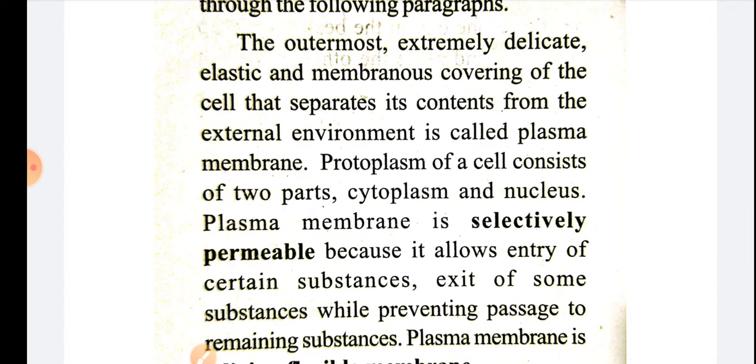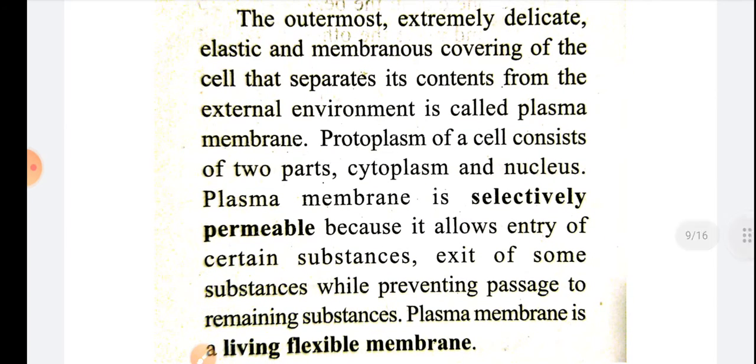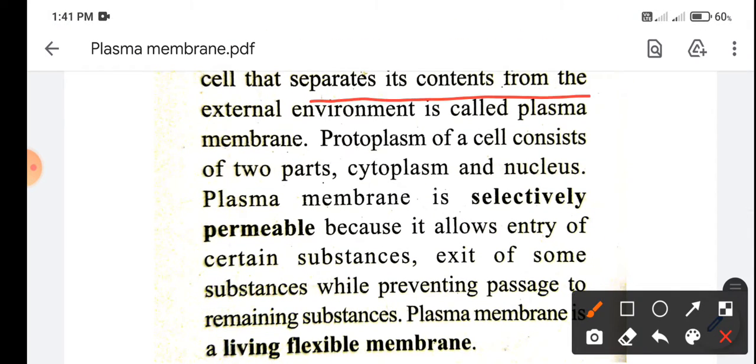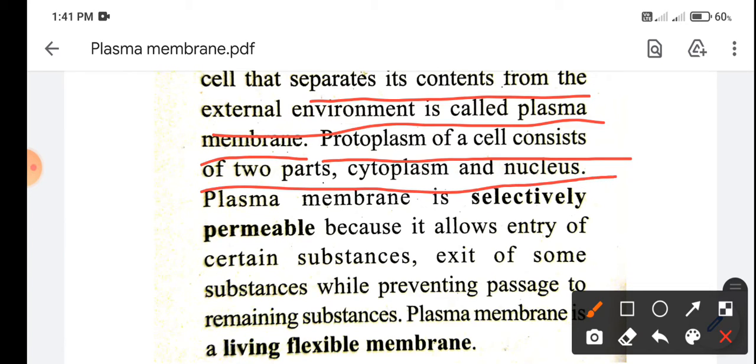Now let us see the function of plasma membrane. The outermost, extremely delicate, elastic and membranous covering of the cell that separates its contents from the external environment is called the plasma membrane. Protoplasm of a cell contains 2 parts, cytoplasm and nucleus.